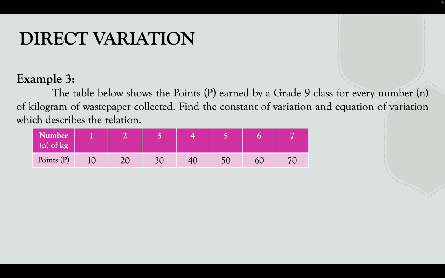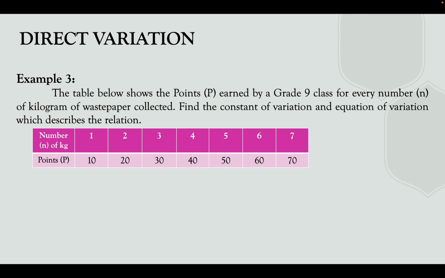And we have the lower row, the points. For 1 kilogram, we had 10 points. 2 kilograms, we have 20 points. 30 points, 40 points, 50, 60, 70 points. Now here, you analyze first the table.